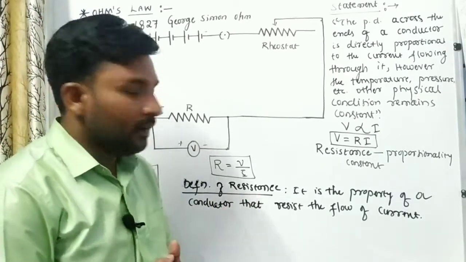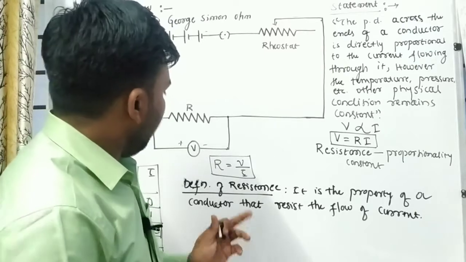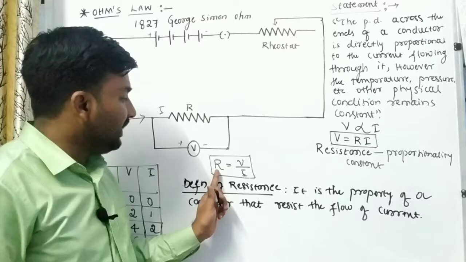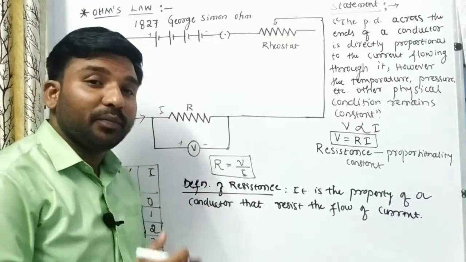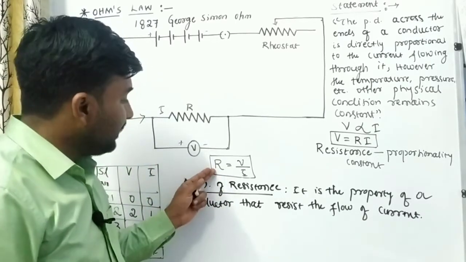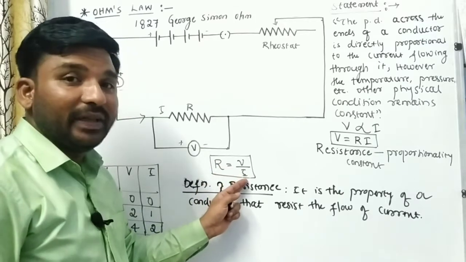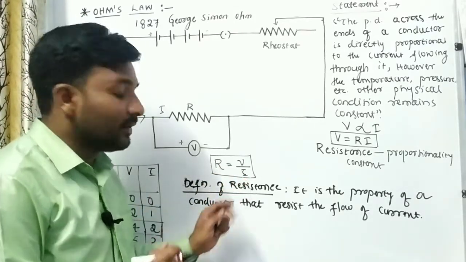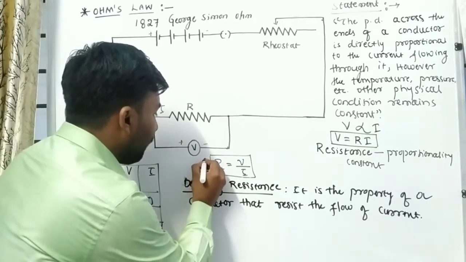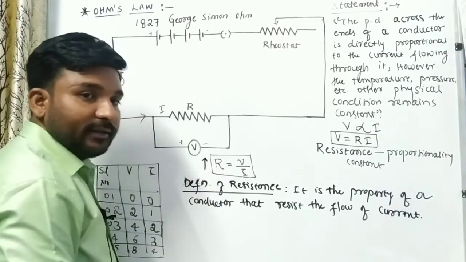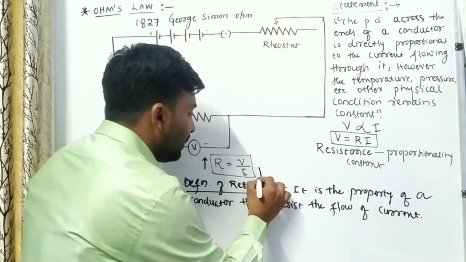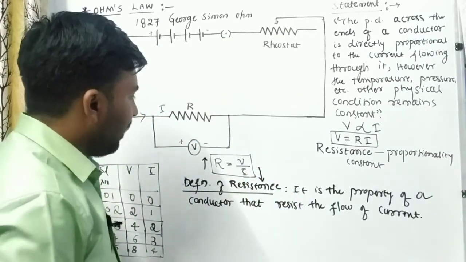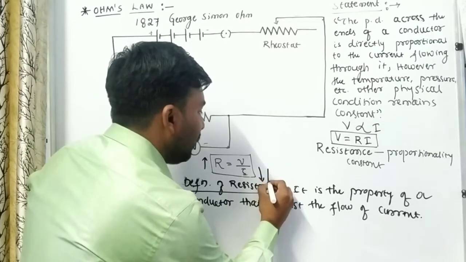Here the resistance and the current, these two are inversely proportional to each other. The meaning of inversely proportional is that if one quantity increases, the other quantity decreases.